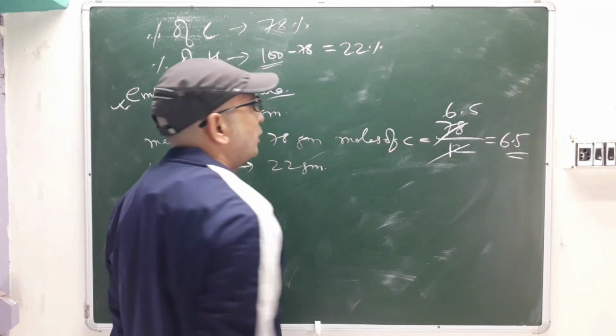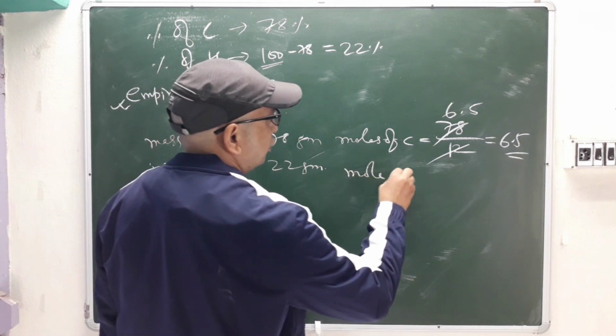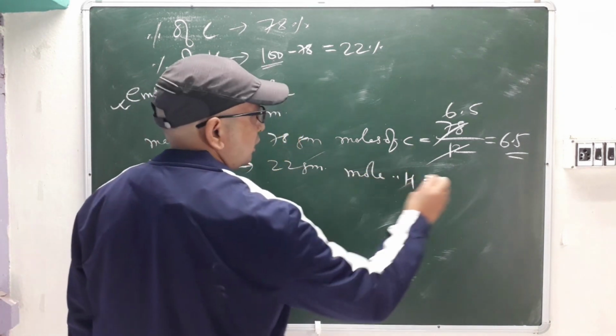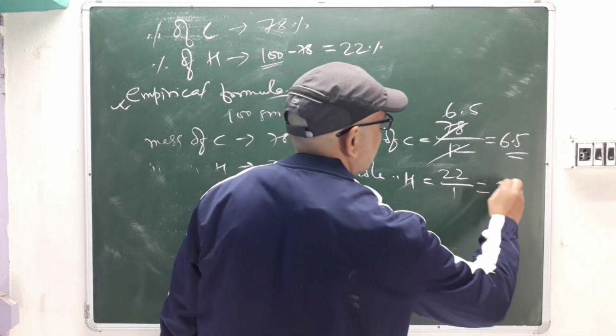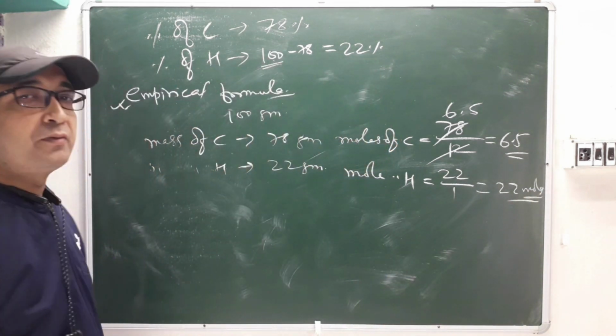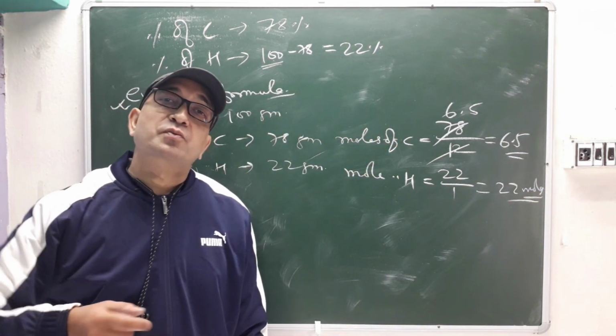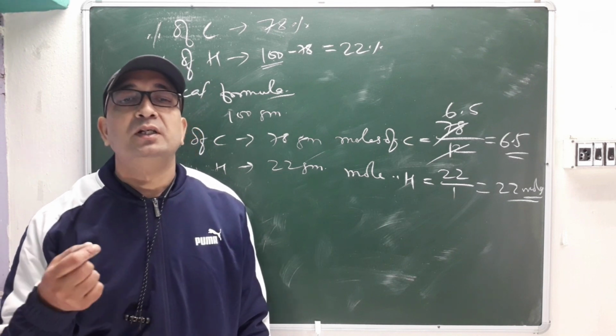Okay, so 6.5 moles it came. Now for hydrogen, how many moles is it coming? Moles of hydrogen equals the given weight, 22, and the weight 1, so it will be 22 moles. Okay, now for the empirical formula, what we are doing is converting it to the simplest whole number ratio, and that will be the empirical formula.